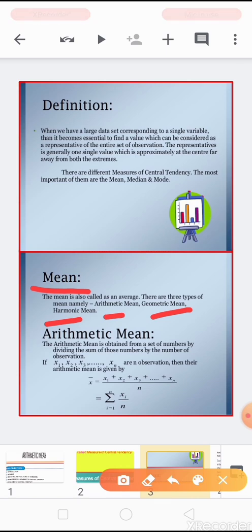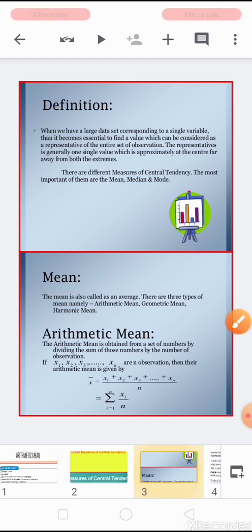Children, arithmetic mean is represented with x bar, and that is equal to x1 plus x2 plus x3 plus x4 and so on up to xn, divided by n. I mean, if the total number of observations is n, then we add all the observations and divide by the total number of observations. In this way we can calculate an average.